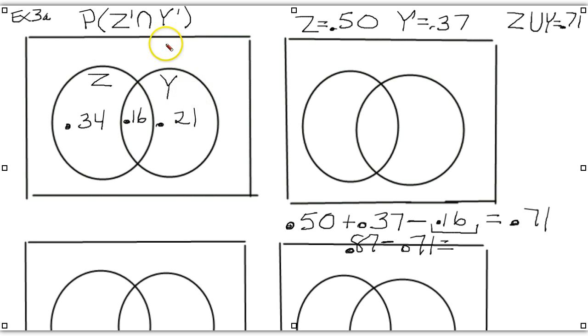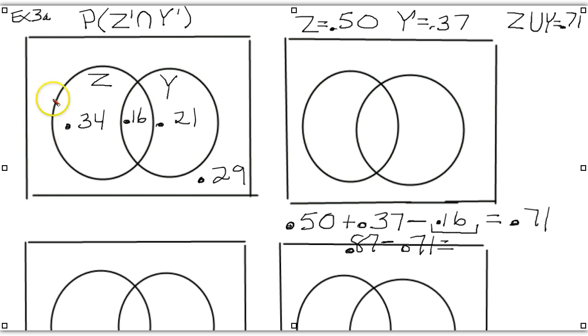So then what would be outside of this to make 100% would be 0.29. Now, the same procedures are done for 3A as we had above, now that we know what our items are inside.